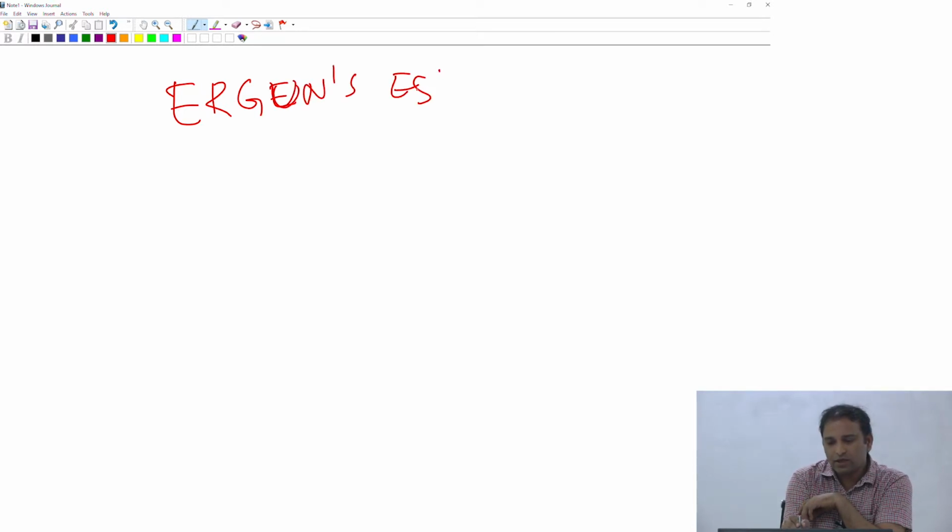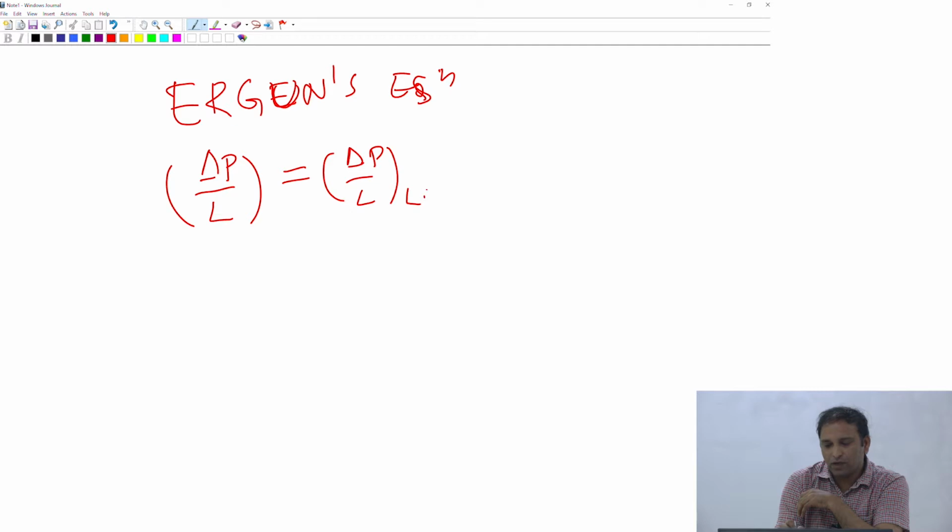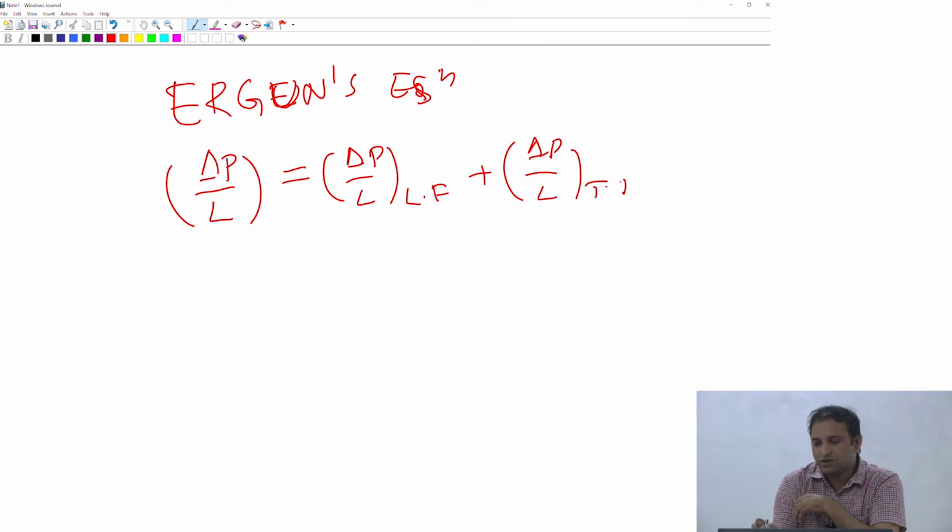So what he did is he said the delta P by L for the entire range is basically delta P by L for the laminar flow conditions plus delta P by L for the turbulent flow conditions. The concept is this: Reynolds number is the inertial force divided by viscous force.